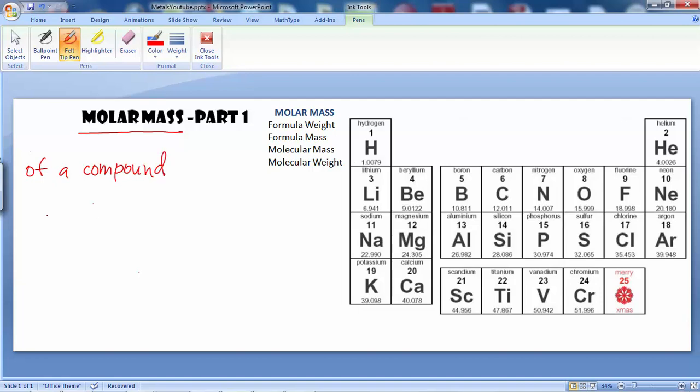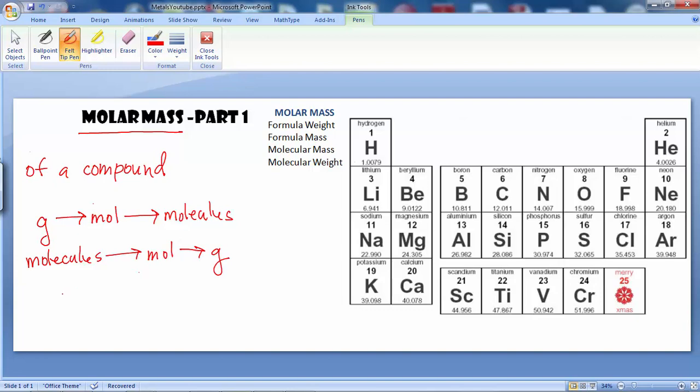Okay, so in my next video I will put some specific problems dealing with going from grams of a compound to moles of a compound to molecules of a compound, and we can go from molecules to moles to grams.